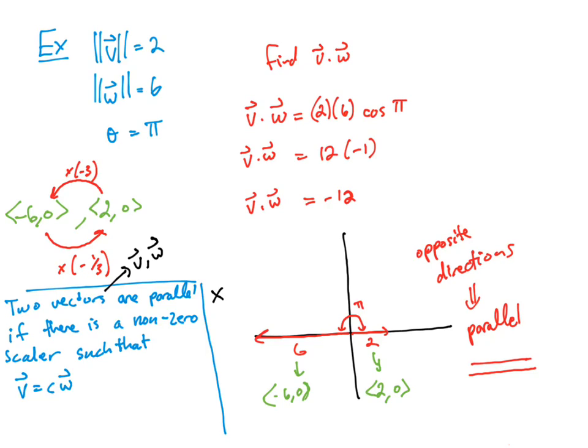As a definition, we would say that two vectors, v and w, are parallel if there is a non-zero scalar c such that v equals c times w. In this previous example, -3 was the c value, or -1/3 is the c value. That's just saying there is a value c that I can multiply by to get from one vector to the other. If that's the case, these vectors are parallel.